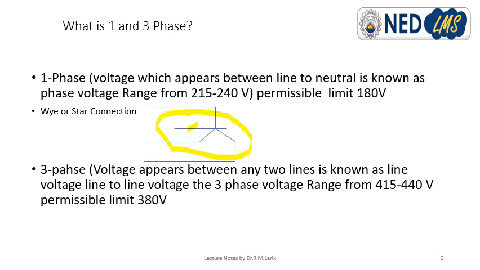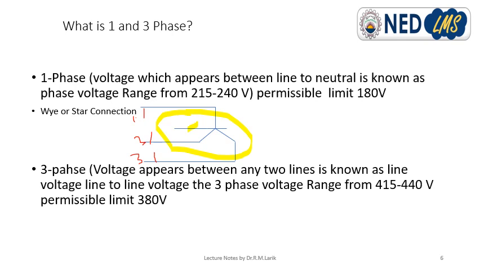These three are lines: line 1, line 2, line 3. The voltage between line and neutral is the phase voltage, and its value is 215 to 240 volts.